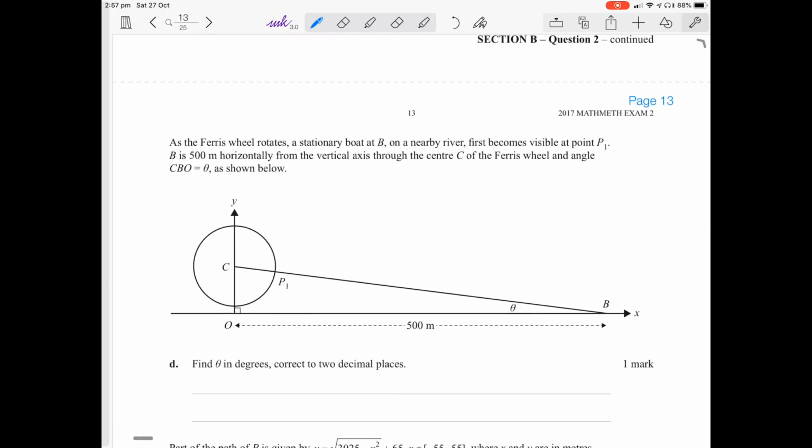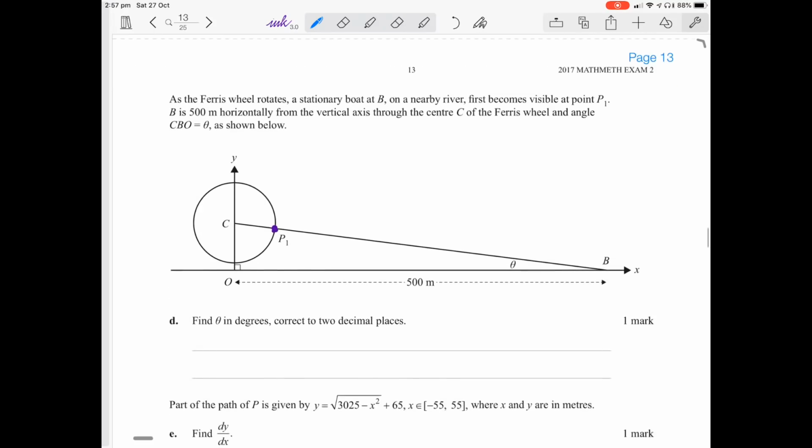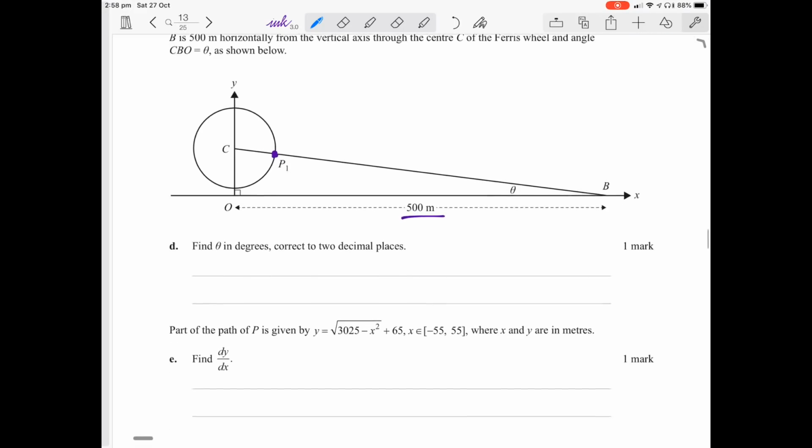As a Ferris wheel rotates, a stationary boat at B on a nearby river first becomes available at the point P1, so that's when we're here. B is horizontally 500 meters, which is up there. So that's our angle we want to find, I'm assuming. Find theta in degrees, correct to two decimal places.